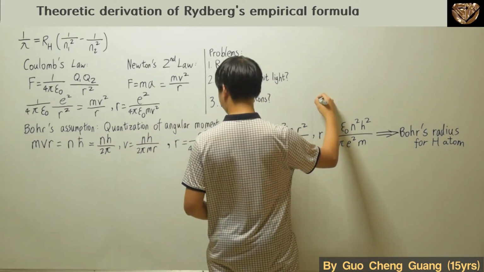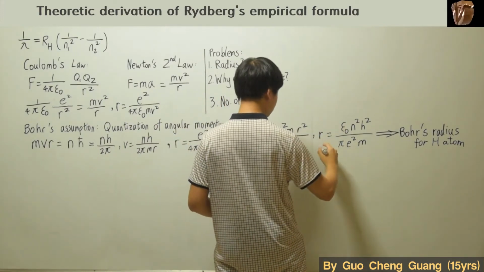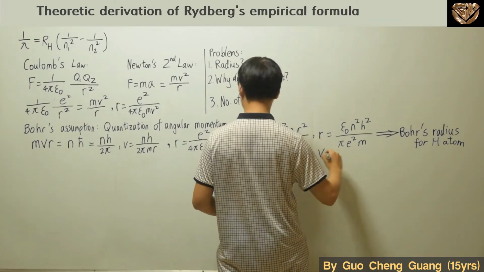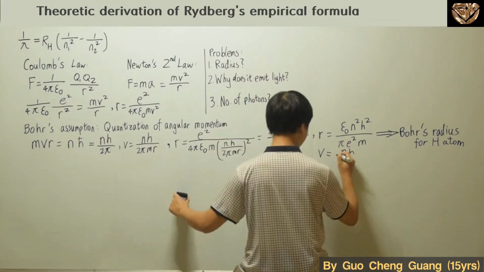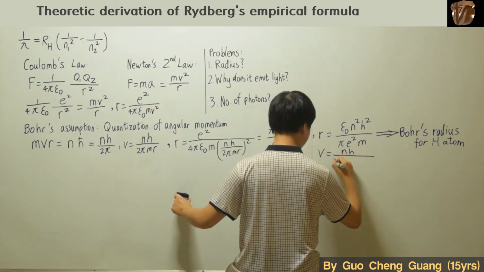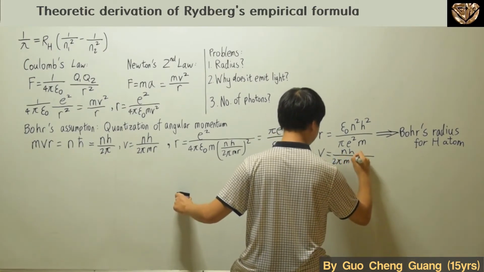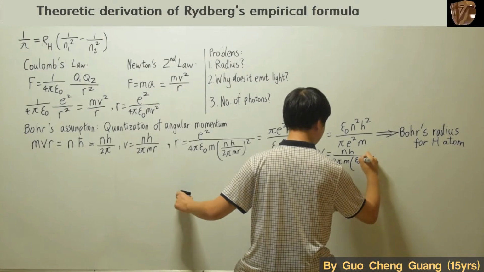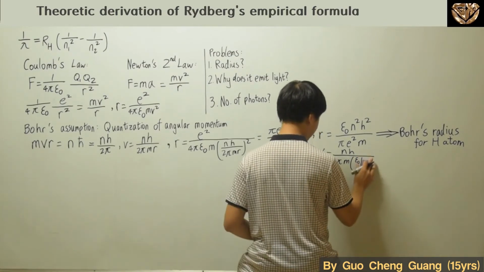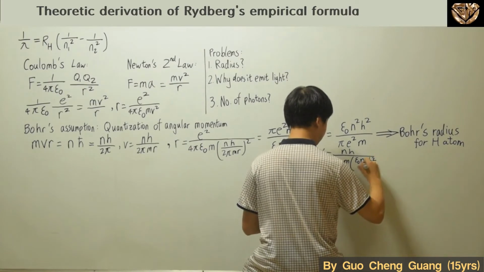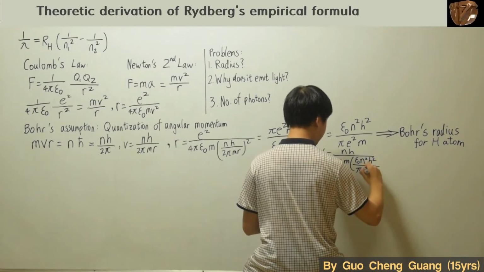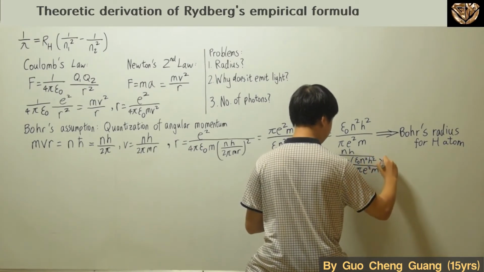So v is equal to nh over 2 pi m, times epsilon naught n square h square over pi e square m.